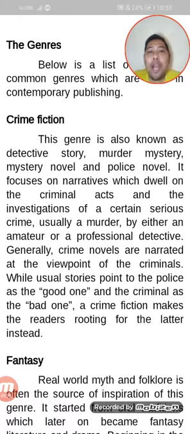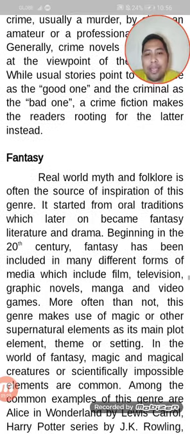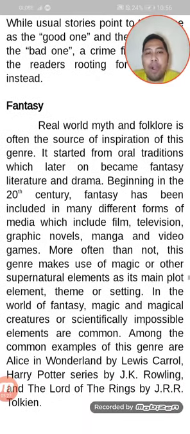Most of them are, although fiction, based on realities, based on real crimes that happened. Fantasy: real world myth and folklore is often the source of inspiration of the genre.